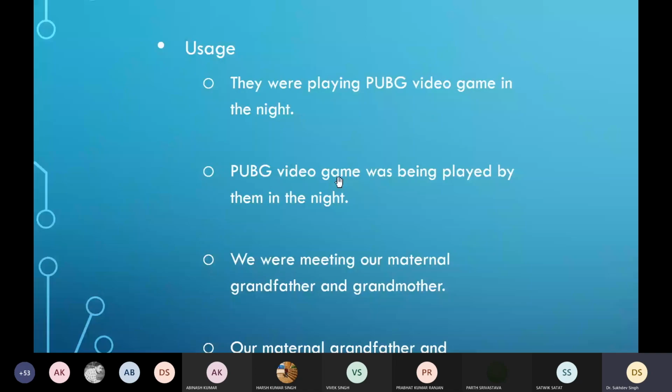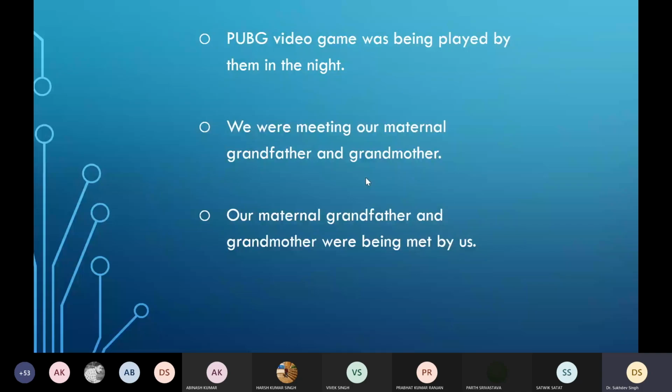Since PUBG video game is singular, we will add was, and then we add being to show the continuity, and after that, rather than ing form, we use the third form, and then we add by, and then the previous subject, which was they, is converted into passive as them, and the rest is used the way it was in the previous sentence.